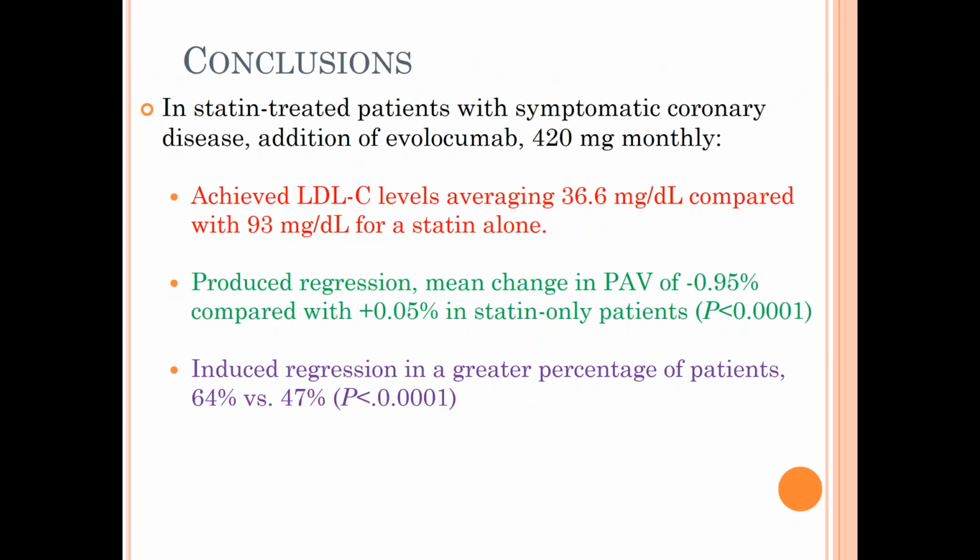So the conclusions that they were able to draw is that patients getting evolocumab were able to achieve very low LDLs into the 30s versus 90s in the statin group. There was a regression, or I guess transcomposition, in percent atheroma volume in the evolocumab group versus that of the statin group, and the changes were much greater in the evolocumab group.